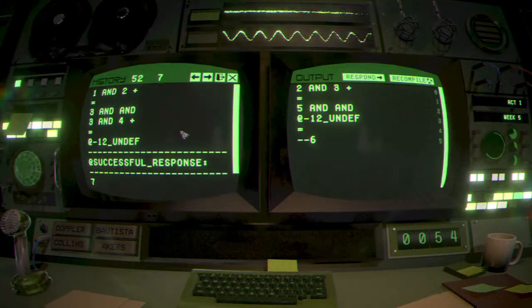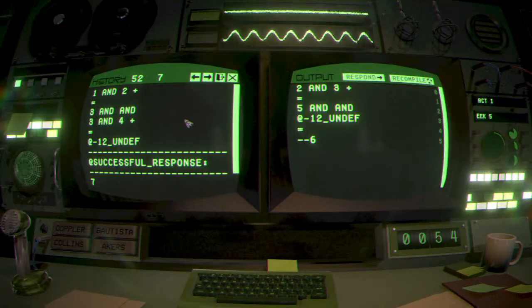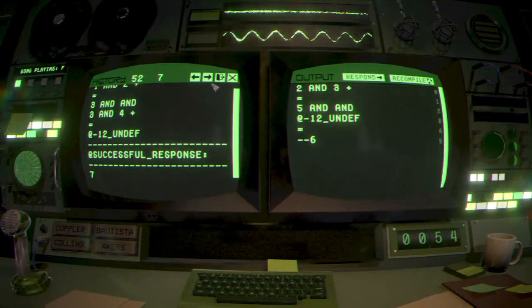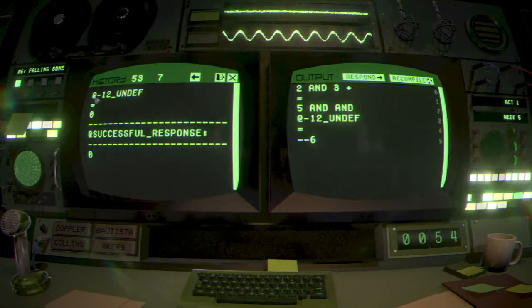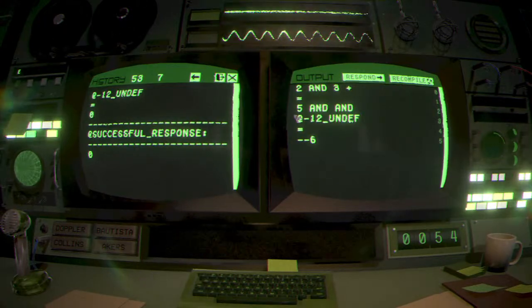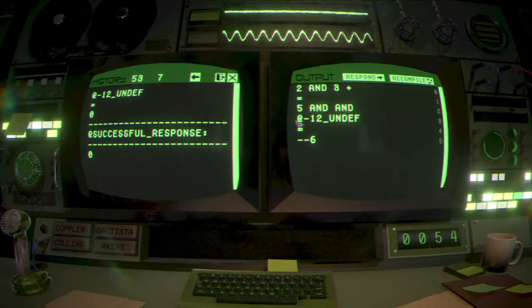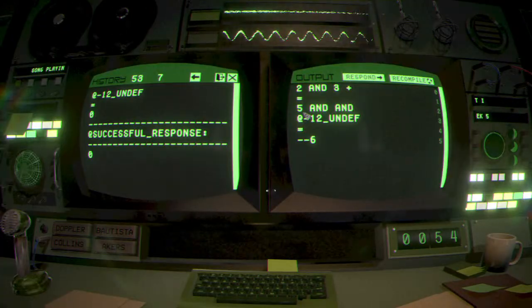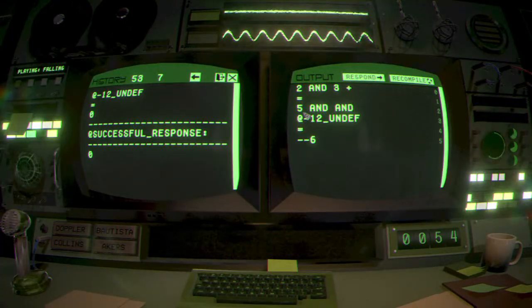So this new symbol was introduced over here. 1 and 2 is 3. 3 and 4 is 7. Okay. Nothing is 0. So now it's 2 and 3 is 5. Then some operation, I don't know, leads to -6.